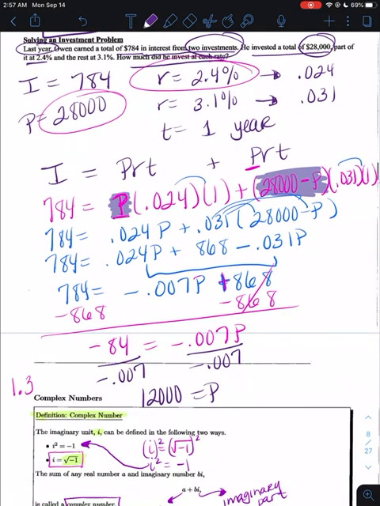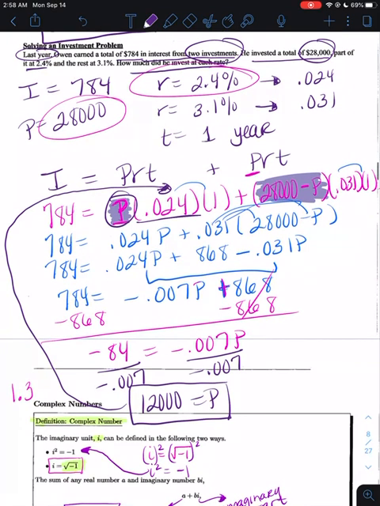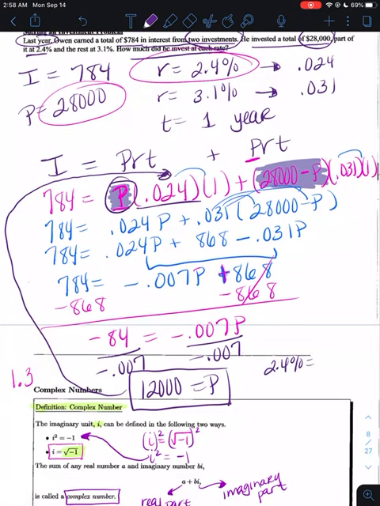All right, what is this 12,000? The 12,000 is P. Where was my P? My P was here, beside this 0.024. So when they ask you in MyMathLab, in the 2.4% account, he invested 12,000.